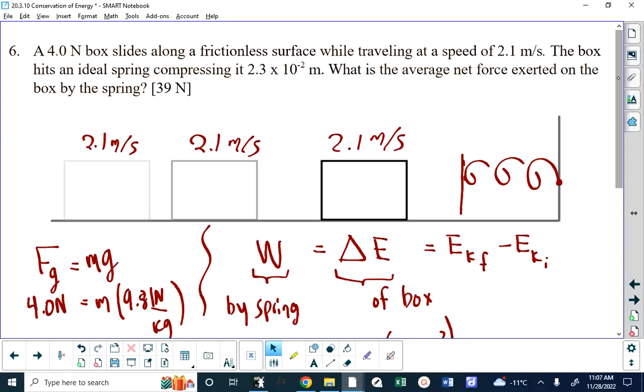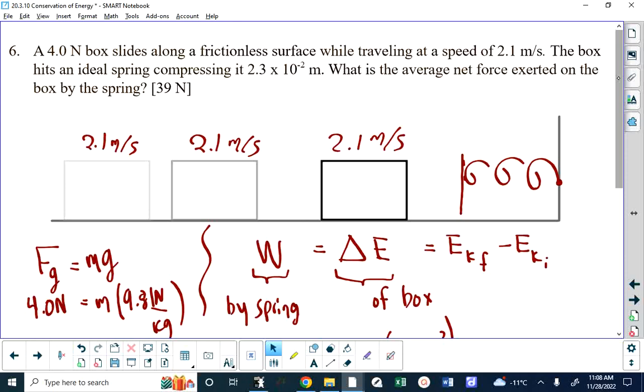There's something implied in this sentence, though, when it says, what is the average net force? It's just, what's the magnitude of the average net force? But does that make sense, Jay? What if we had to find the spring constant? Okay, so I'm going to find the spring constant here. But then I'm going to do it in a couple of different ways.